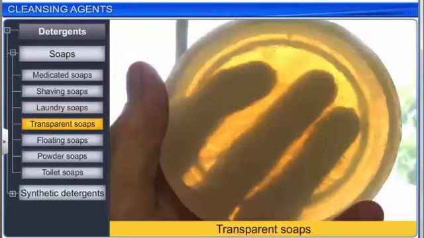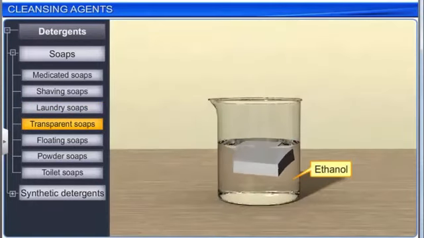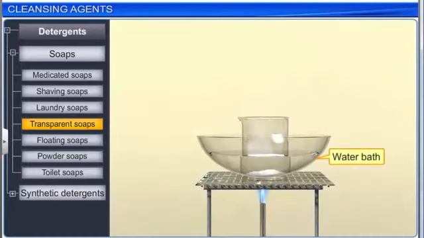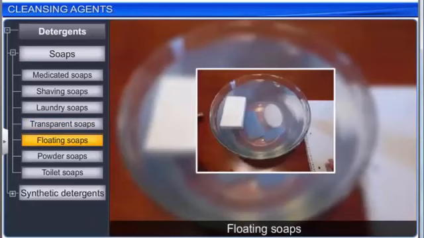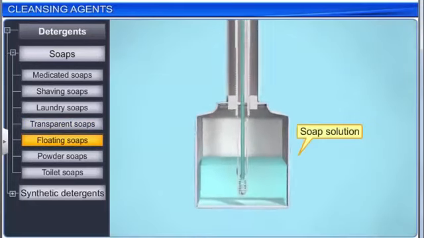Transparent soaps are made by dissolving the soap in ethanol and then evaporating the excess of solvent. Soaps that float on water are made by beating air into them before they harden.